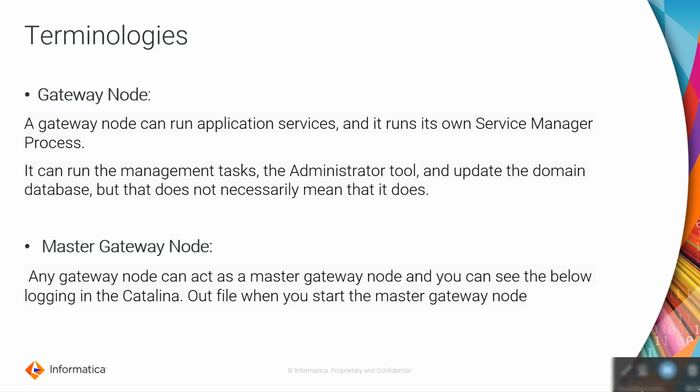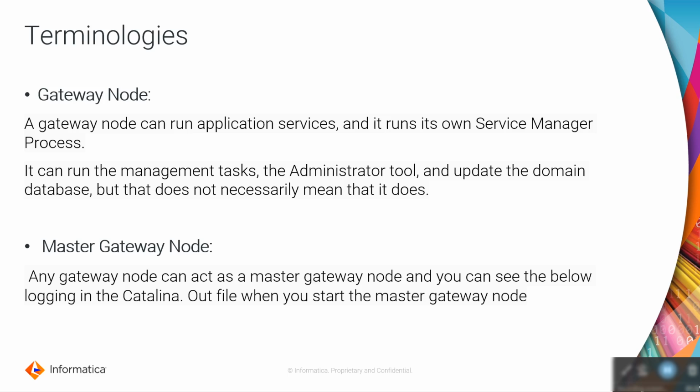Then it comes to the master gateway node. Out of your available gateway nodes in the domain, any node can act as the master gateway node and will be performing the above activities, meaning updating the domain database, running the management tasks, the Administrator tool, and all.